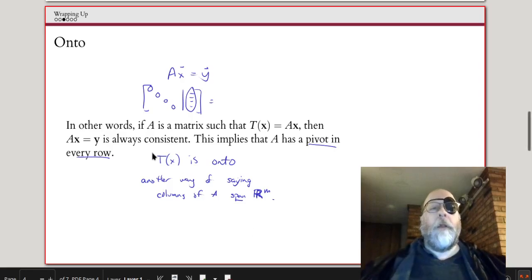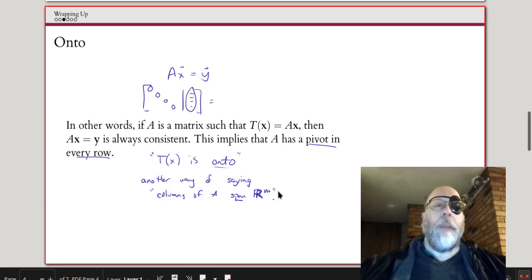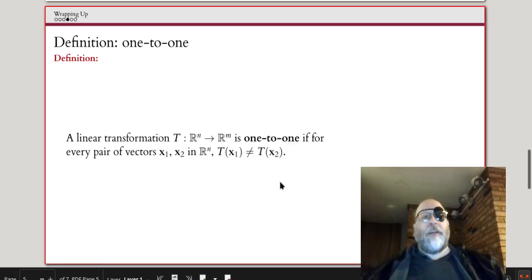So it's just another way of saying something that we've been using, the idea of spanning sets. The term onto is another way of saying that same idea. And here's the other definition. I said this was going to be short. We just have two definitions to clear up.